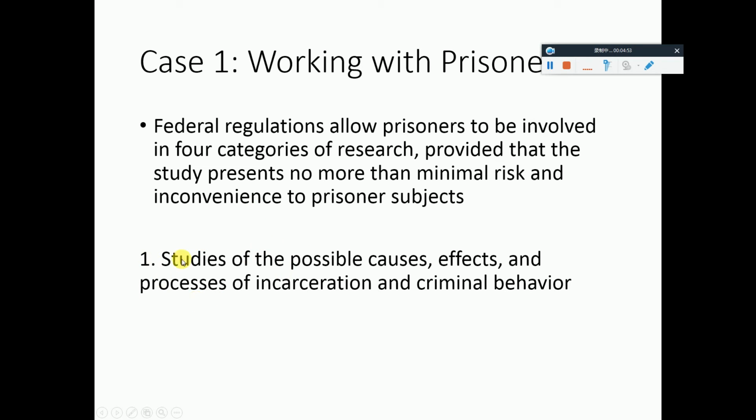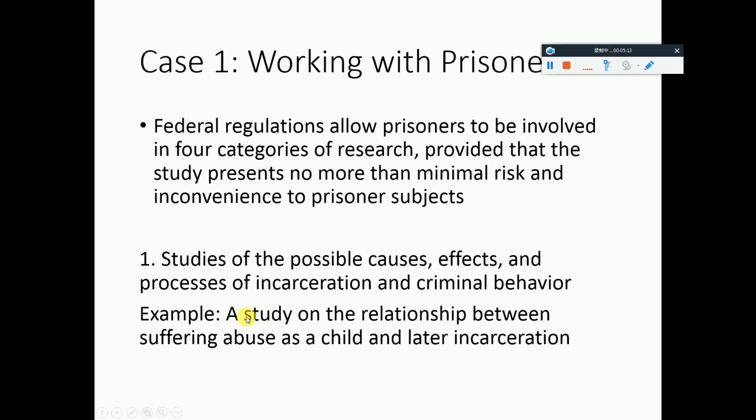The first category of research that the federal regulation allows prisoners to participate in is studies of the possible causes, effects, and processes, psychological for example, of incarceration and criminal behavior. An example of this type of research is a study on the correlation between a person suffering abuse as a child, and later on being incarcerated as a prisoner.